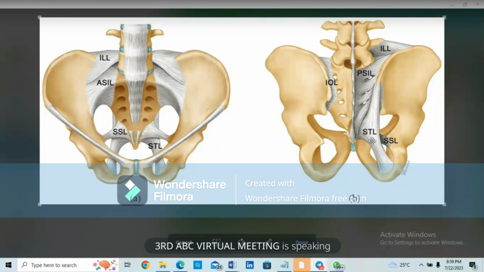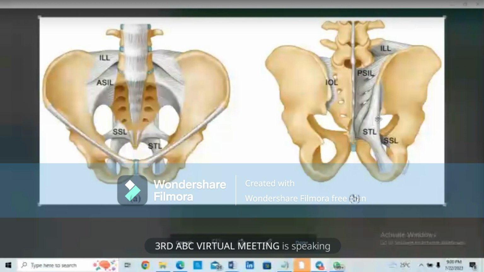While this sacrotuberous ligament is also going to extend up, so they fuse together, and both of them have attachment with the lateral aspect of the sacrum inferiorly. Now you have this other ligament called the sacrospinous ligament. Why is it called sacrospinous ligament? It's extending from the sacrum to the ischial spine, running laterally from the ischial spine to the sacrum inferiorly.